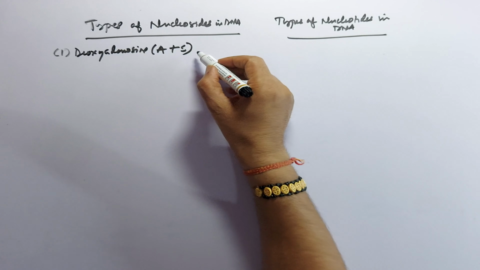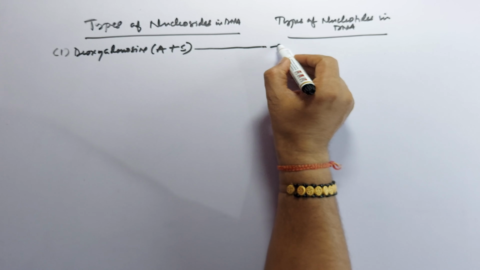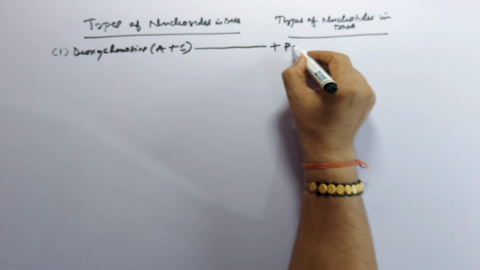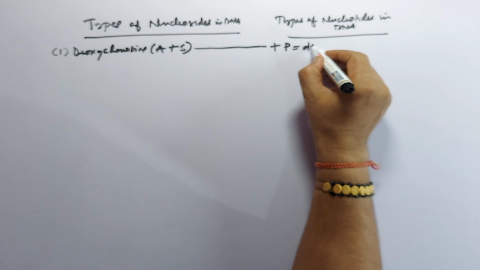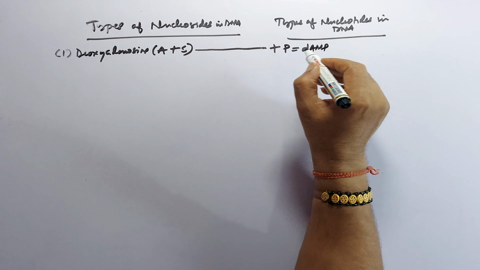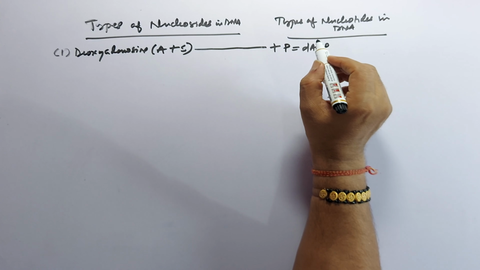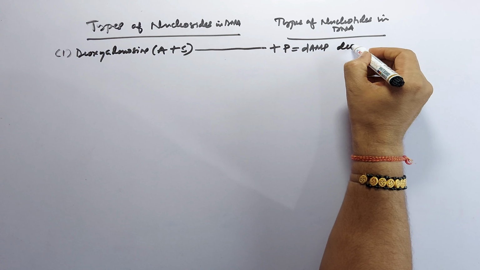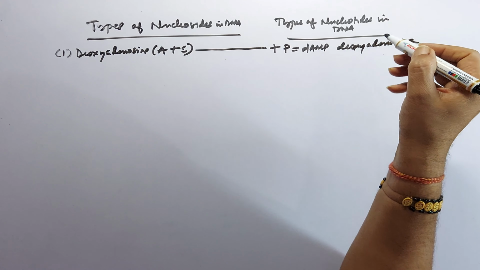When this adenine plus sugar nucleoside is added with phosphate, it changes to deoxy-AMP, that is dAMP, deoxyadenosine monophosphate.